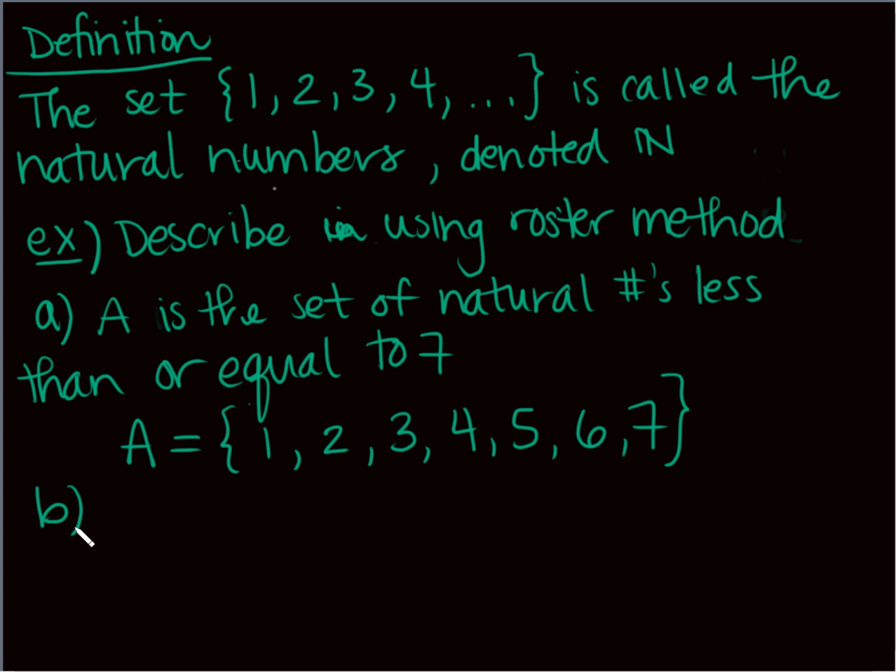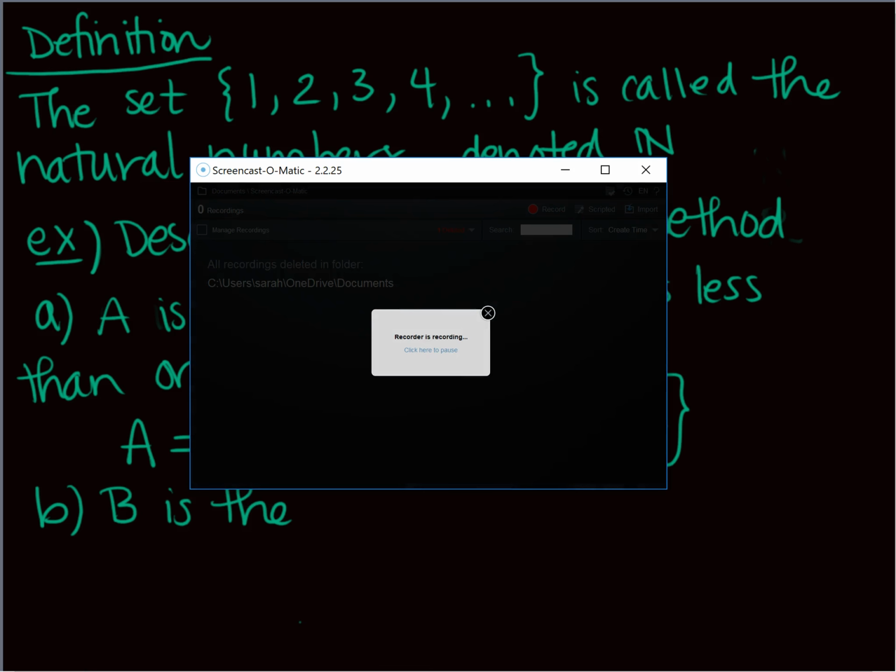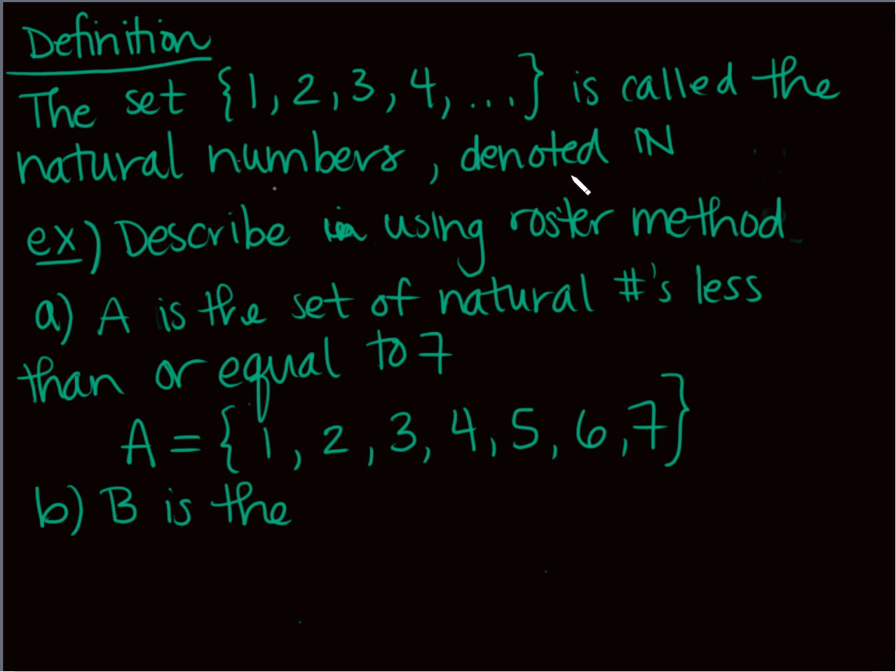So what about B? B is the set of natural numbers greater than or equal to 12. Actually, just greater than 12, let's say that.